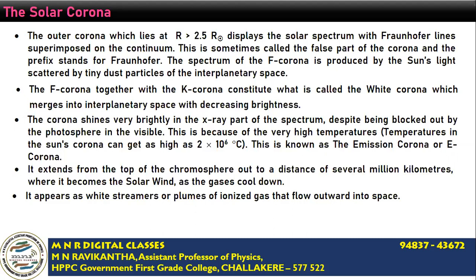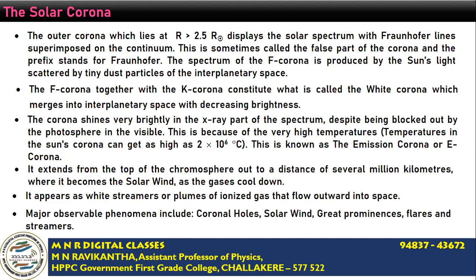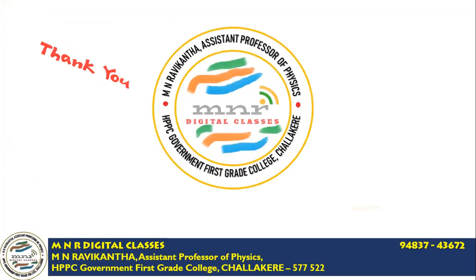We are going to discuss what the solar corona is in the next lecture. The major observable effects include coronal holes, the solar wind, great prominences, solar flares, and streamers. Thank you.